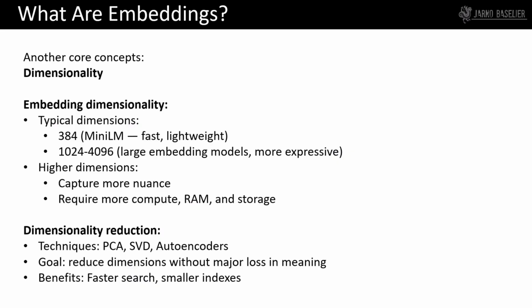Higher dimensions capture more nuance and require more compute, like RAM and storage. Dimensionality reduction. We can reduce the dimensionality with techniques like PCA, SVD, and autoencoders. And the goal here is to reduce dimensions without major loss in meaning. The benefit, if we reduce, then we will have a faster search, smaller indexes, and thus less compute, RAM, and storage.